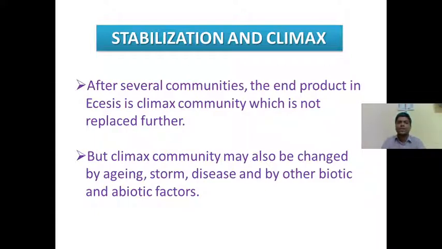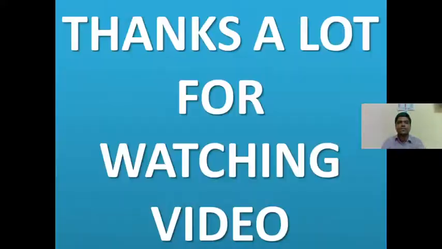So whenever climax community is there, it can be replaced because of aging, storm, disease, or any other biotic as well as abiotic factors. This is all about successful establishment of migrated plant species from one location to another location, and it is called as Ecesis.